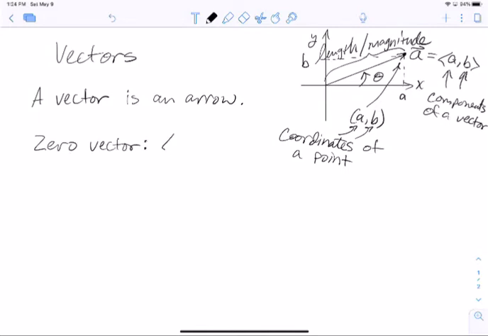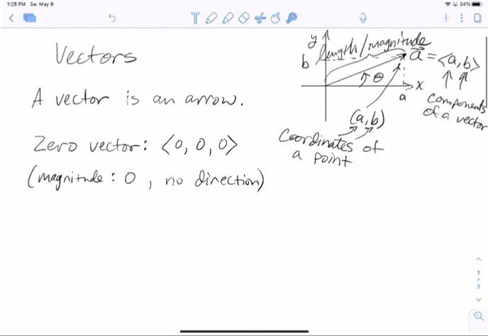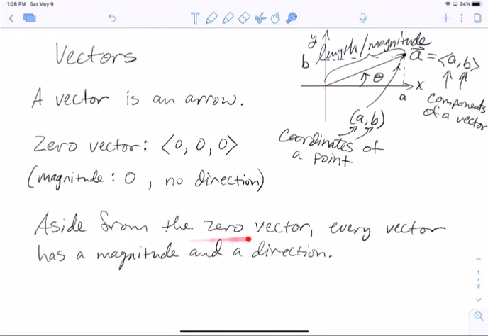It has components 0, 0, or in the case of R3, in 3 space, 3 dimensions, 0, 0, 0. The zero vector has a magnitude of 0 and actually no direction. So the statement is actually every non-zero vector has a magnitude and a direction. So aside from the zero vector, every vector has a magnitude and a direction.